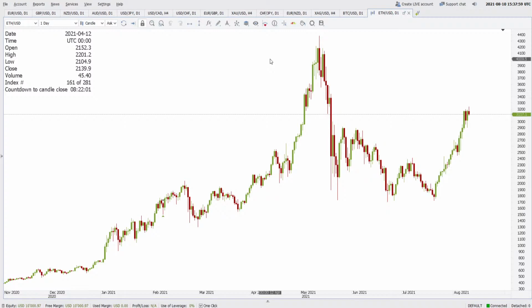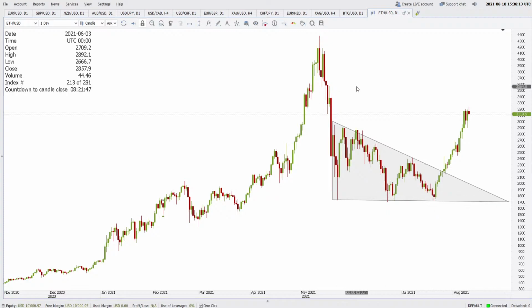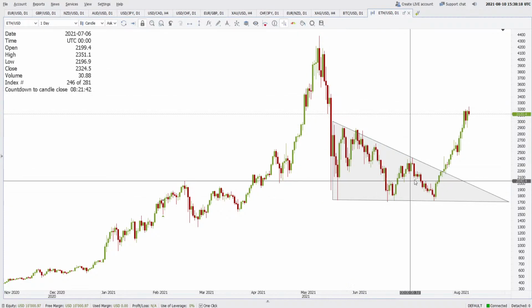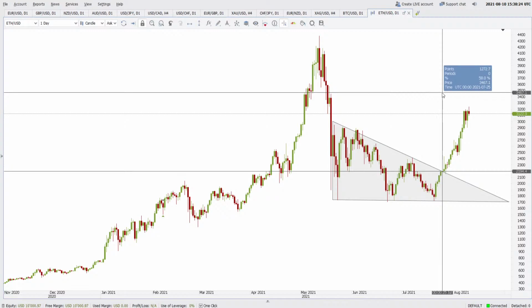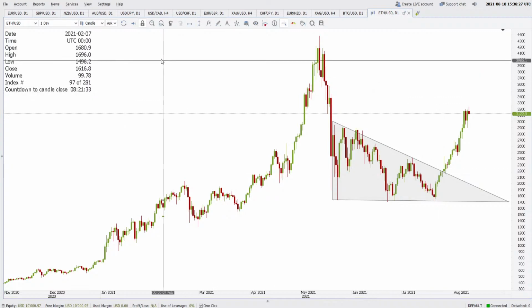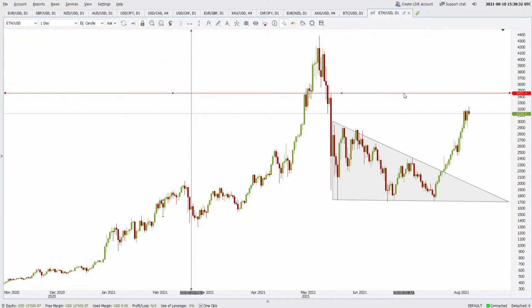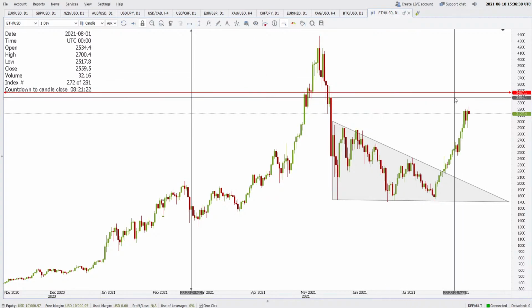It has broken from the descending triangle, and for me the 1263 point was the target. 1263 is sitting at around this region, around the 3467 region. Not the exact, but this is the place where I think that the price may get some profit bookings.